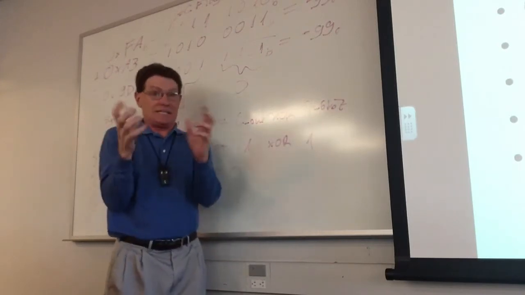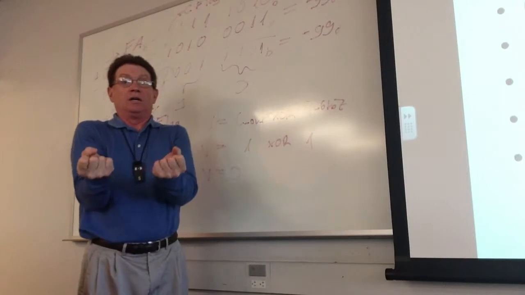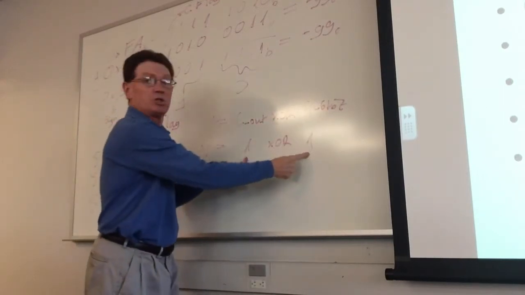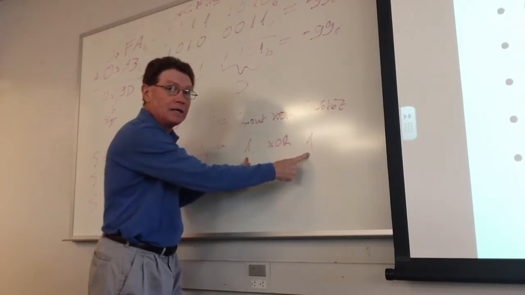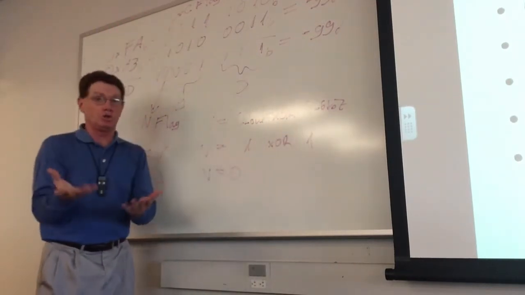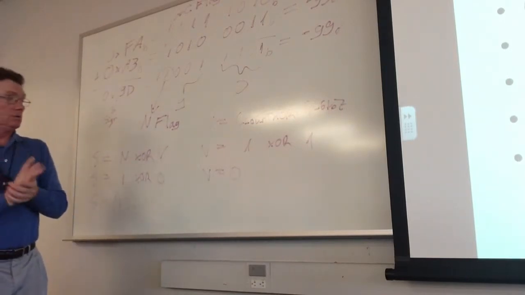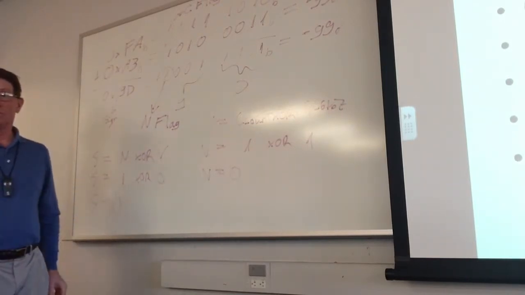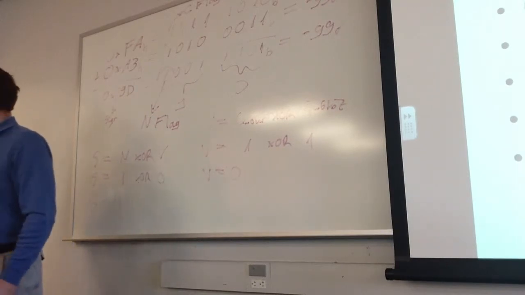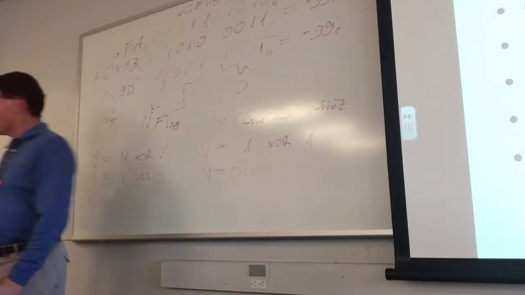That's physically how it's done. It takes those two flags and exclusive ORs them. In our case, when you exclusive OR 1 and 1, what do you get? Right, because it's exclusive ORing. Okay. Everybody all right with that? You got it? Good.